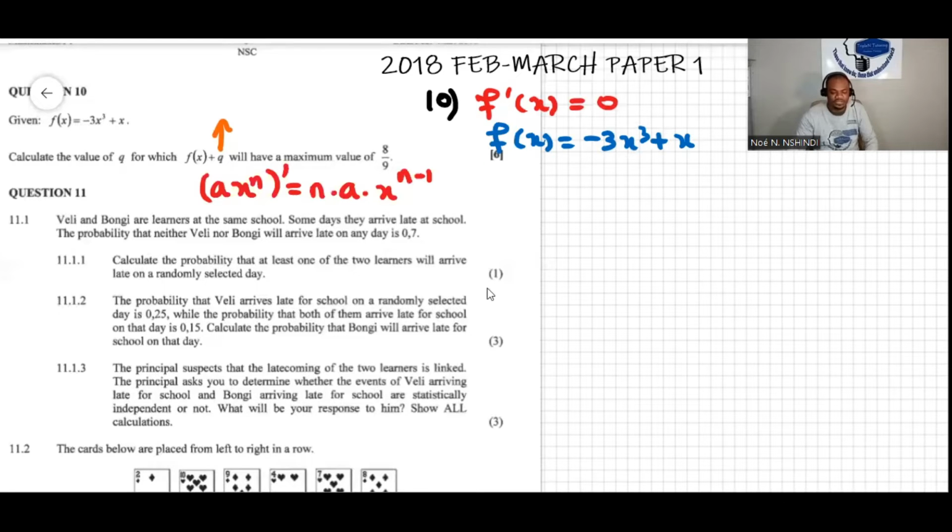So I want to differentiate the terms. For this term here, a is negative 3 and n is 3.